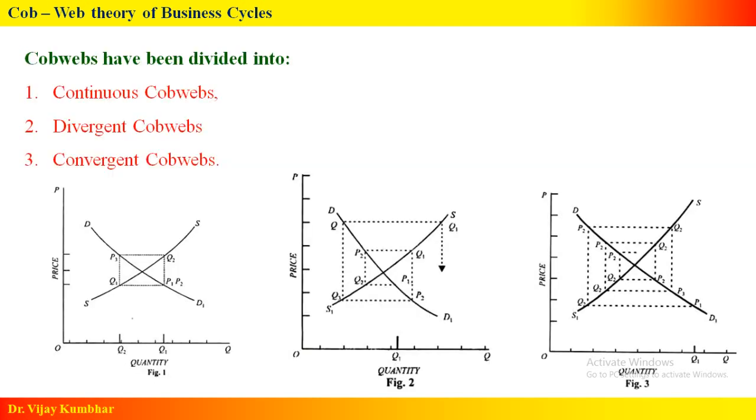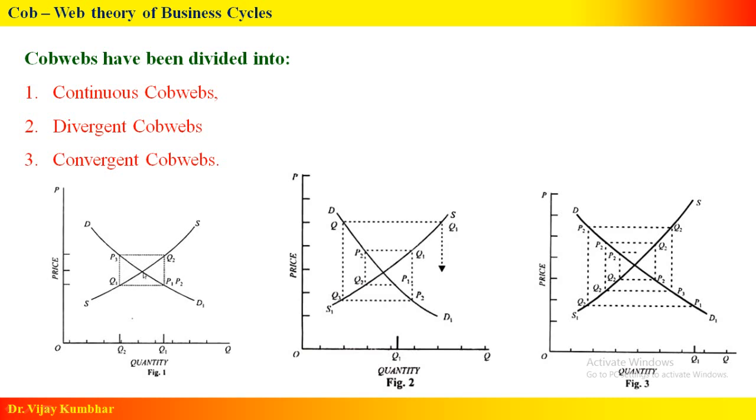These are the three diagrams which help to explain the cobweb theory. There are three types of cobweb. One is the continuous cobweb. This dotted line indicates the continuous cycle of change in price and change in the quantity of production. It indicates a continuous train within this rectangle.